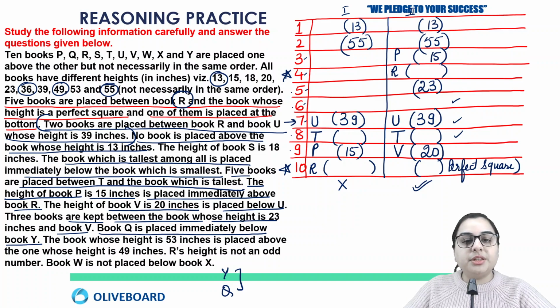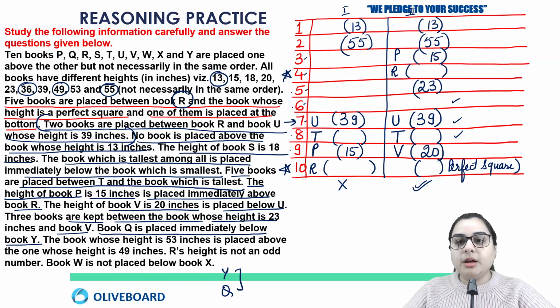Now if you remember, there was a line that the height of book S is 18 inches. Where can we write this? Now if you check, S is not written, 18 is not written. So we have to pick a box where the name of the book and the inches are blank, and that is happening on 6th position. So S and 18, this combination will be written on 6th position.